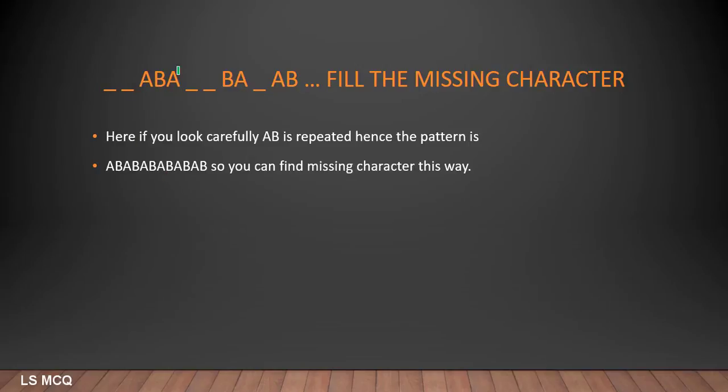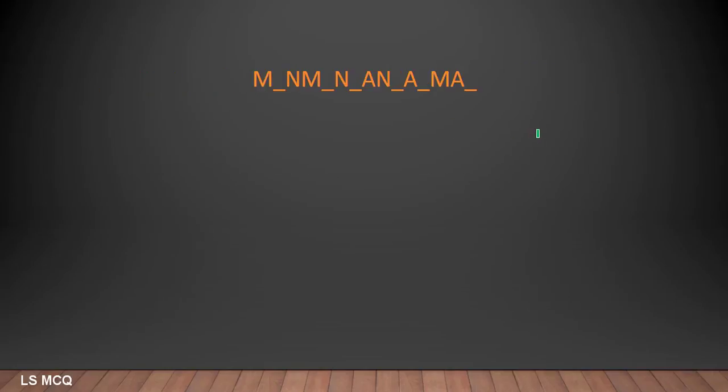It's AB, AB, AB, AB, AB and AB. Okay, so just by looking at it, you can find your answer. Some definite pattern is repeated in this kind of questions. Okay, in this question AB is repeated. Okay, let's move on to next one.